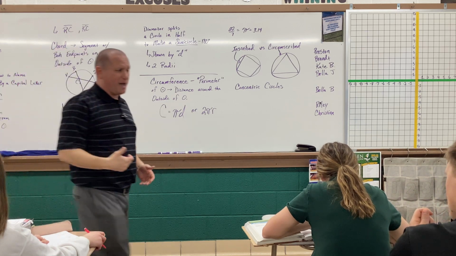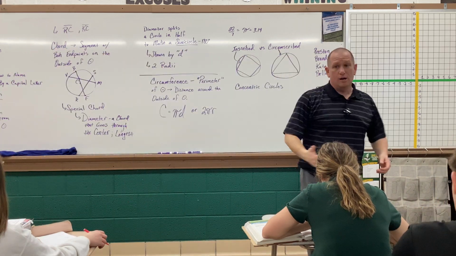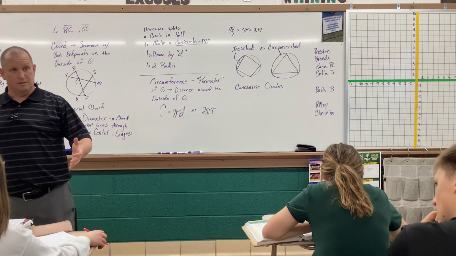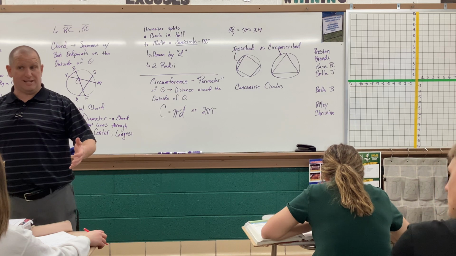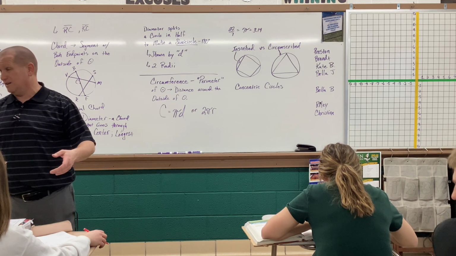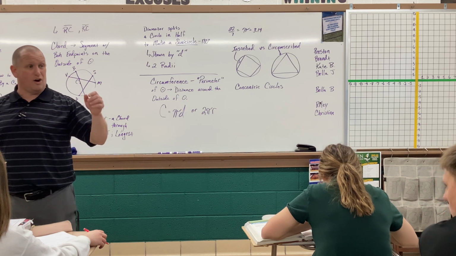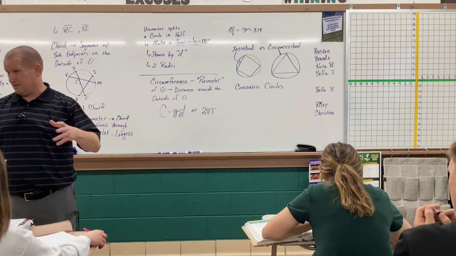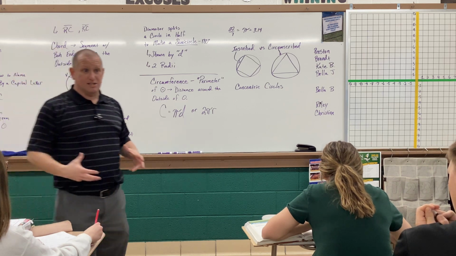Okay, so if we think back to what we've talked about before, are all circles congruent? No, right? Because congruence means what? The same size. Are all circles similar? Yes, right? They all have the same shape.